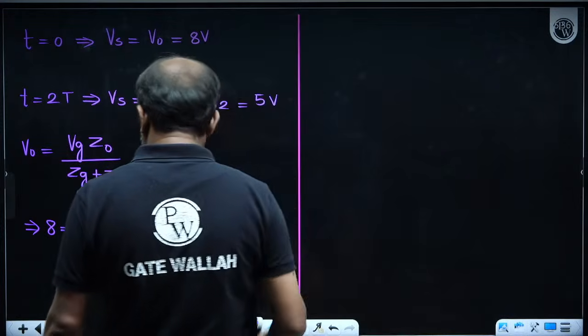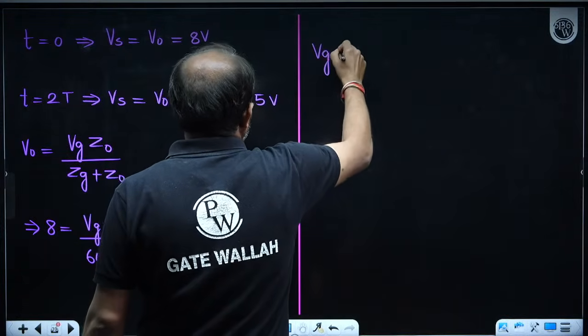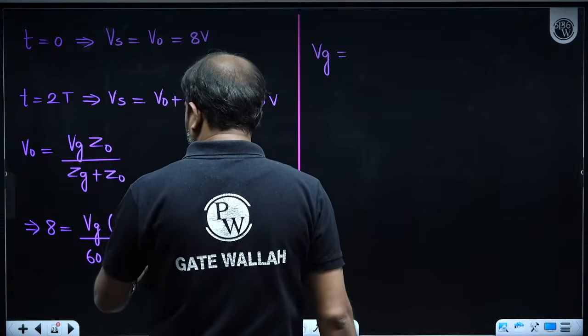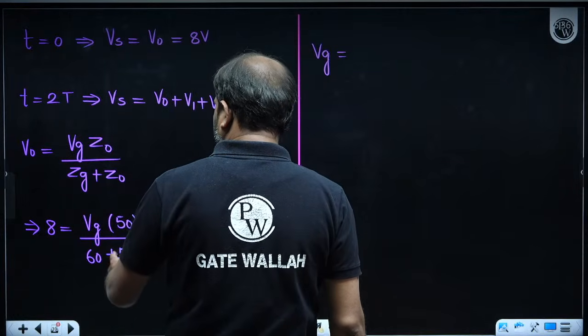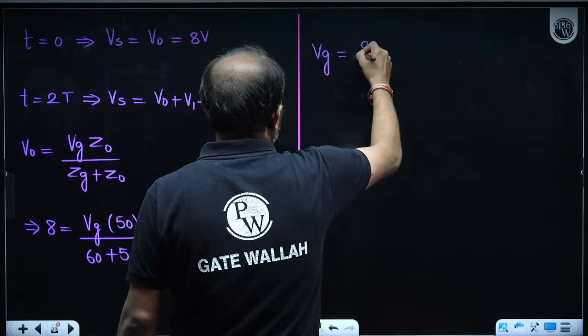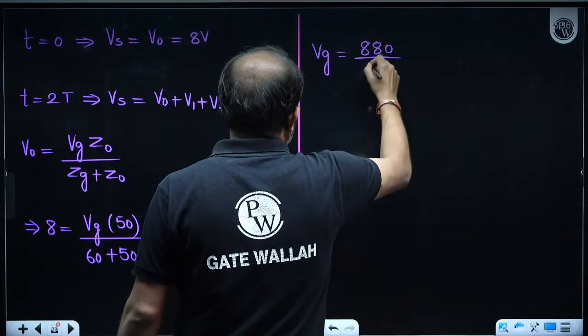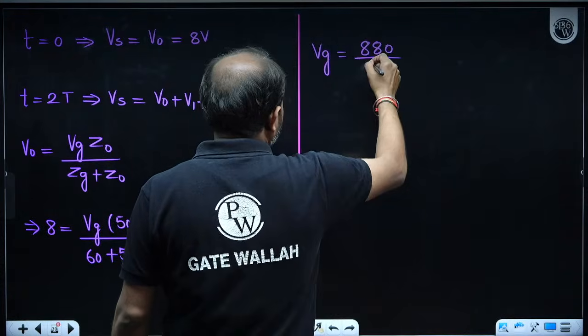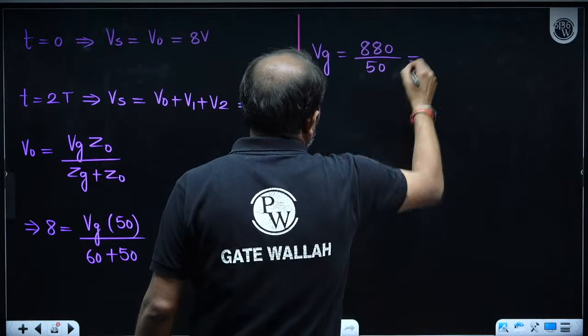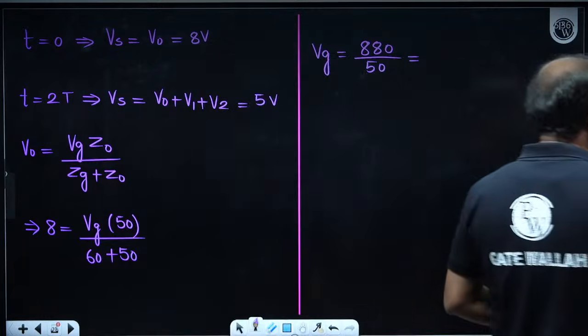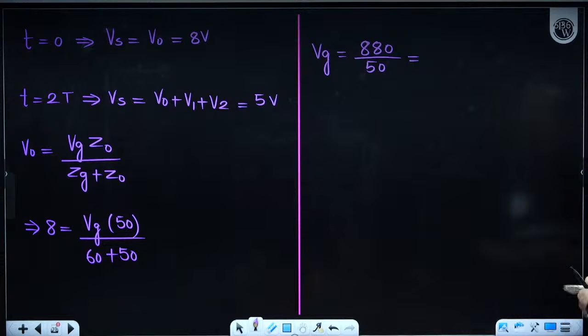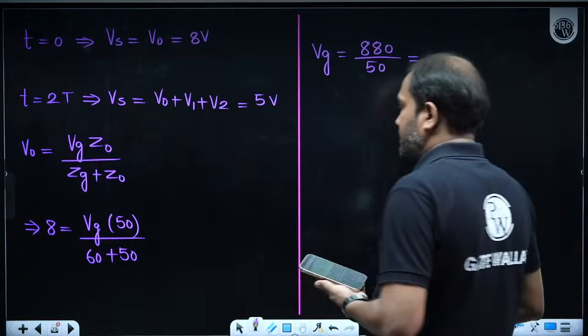We will calculate the value of Vg. So Vg is equal to 8 into 110, that is 880, divided by 50. How much will it be? 880 divided by 50 is 17.6.